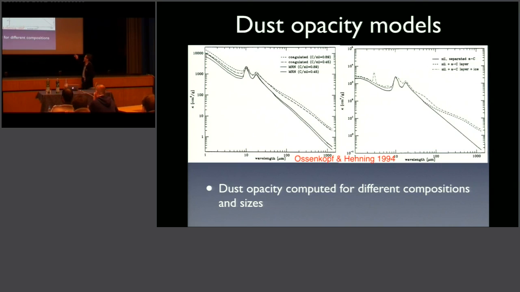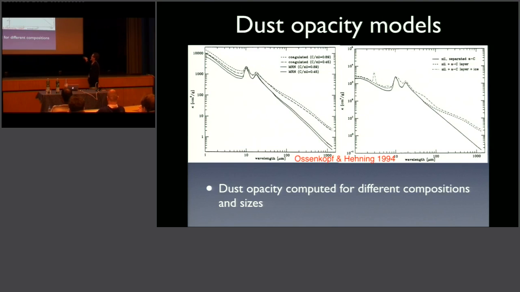For example, here in the dark full line you have the opacities for dust that is not grown, the standard distribution in the interstellar medium with two different compositions. And the others are dust coagulated because of this process in dense cores.